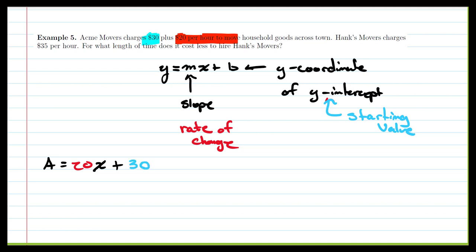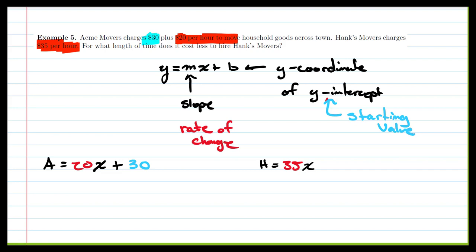Similarly, when we look at Hank's Movers, for Hank, we have our rate of change is $35 per hour, but Hank doesn't charge you anything to just show up and start moving your stuff. So he charges you only $35 per hour. So those are our two equations that represent the cost for each of these movers.